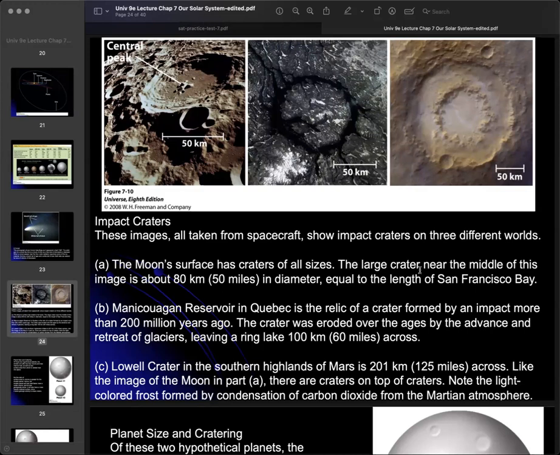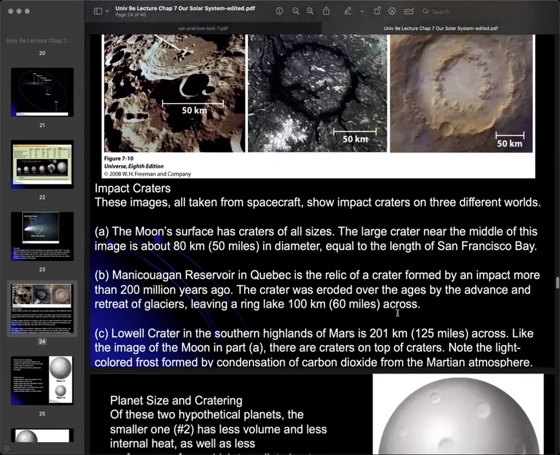That means that the interior of the planet was still molten, and some of the asteroids that hit and created these craters punctured the surface and caused the molten lava to come out and fill the craters. And so the surface was reformed, and so it's still young. So when we see that the Moon is full of craters, then we can say that the Moon's surface is an old surface, whereas Earth's surface is a young surface.